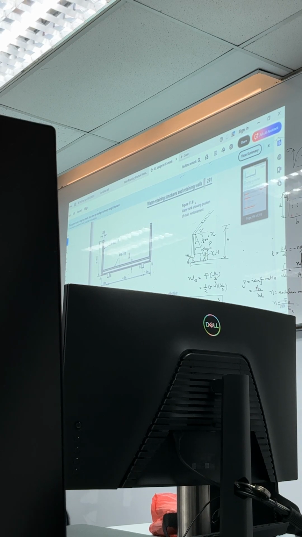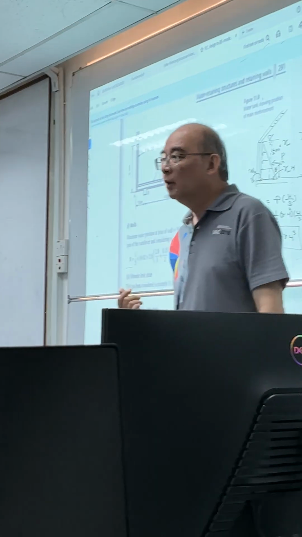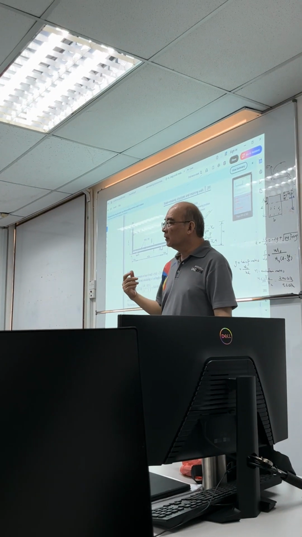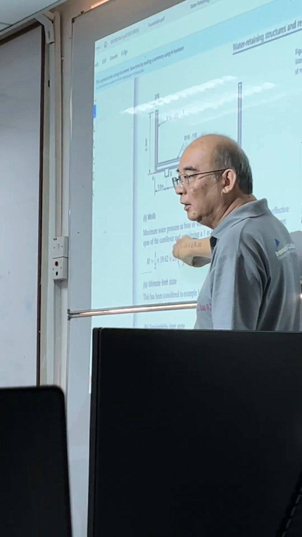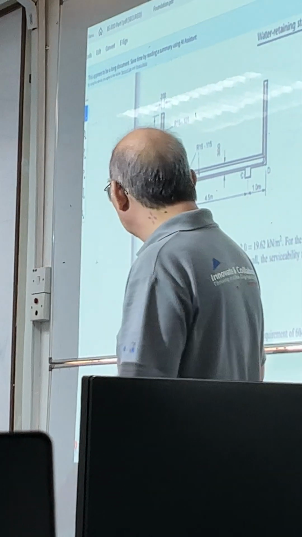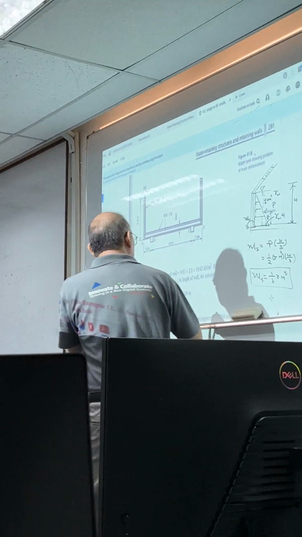The reason he adds another term is because in the British code, I think mainly in the British code, in other codes, for example in the US codes, we actually ignore this term. Because in the British code, they consider the effective width in a cantilever.